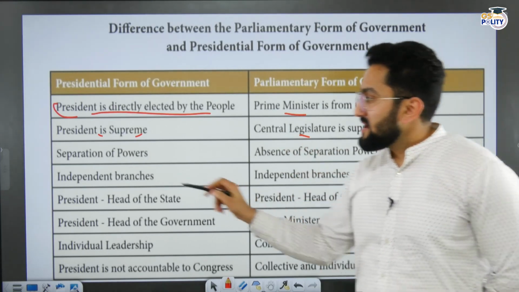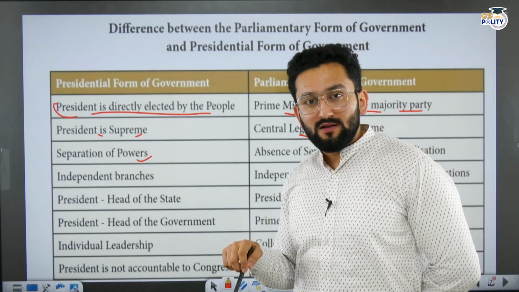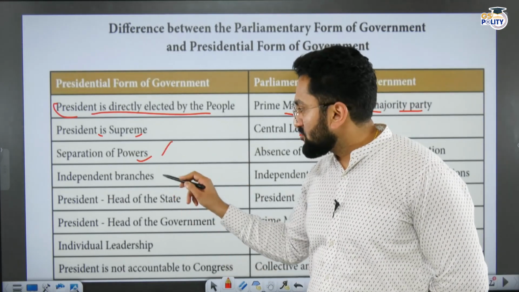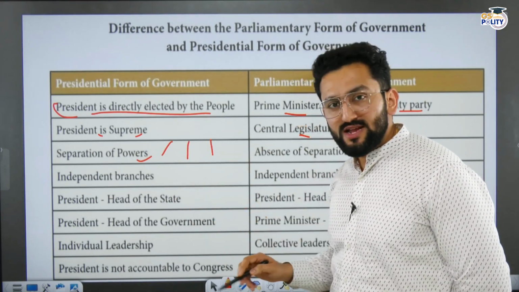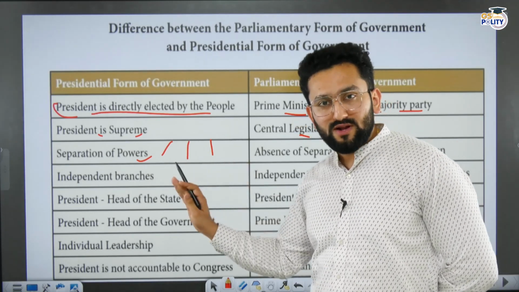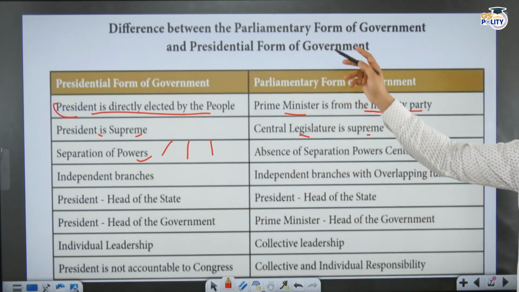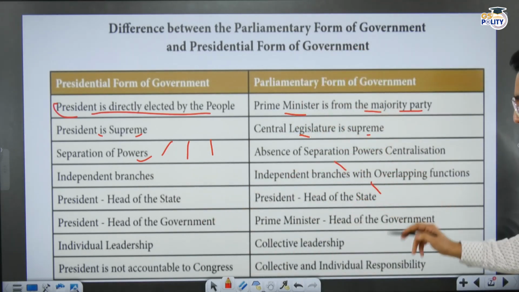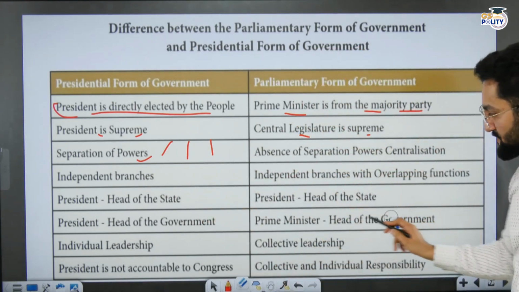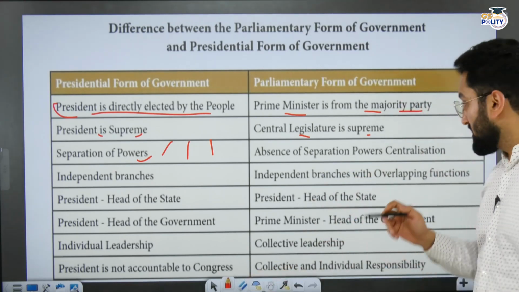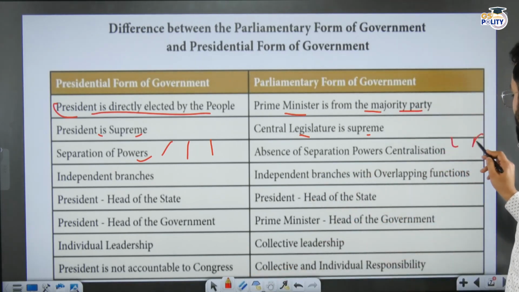Now, separation of power. In presidential form, executive, legislature and judiciary, all three wings are separate. There's no overlapping there. But in case of parliamentary form of government, there is an absence of separation of power. Absence means we have overlapping of legislature and executive.